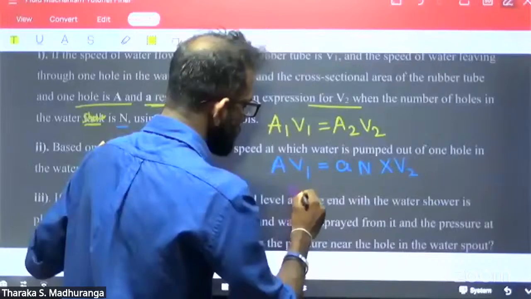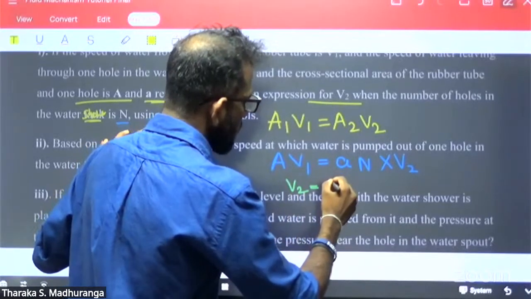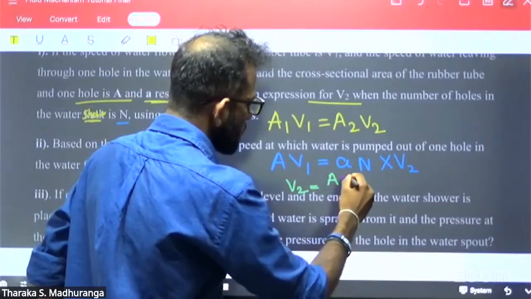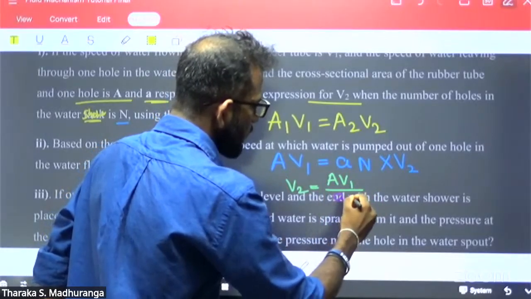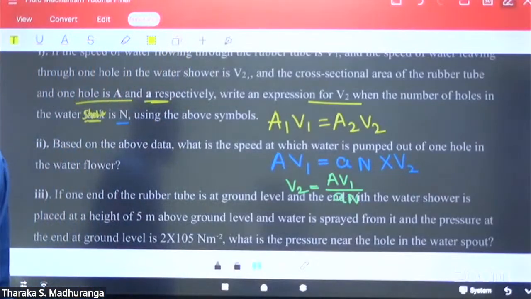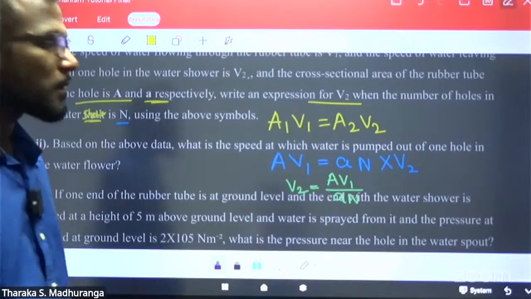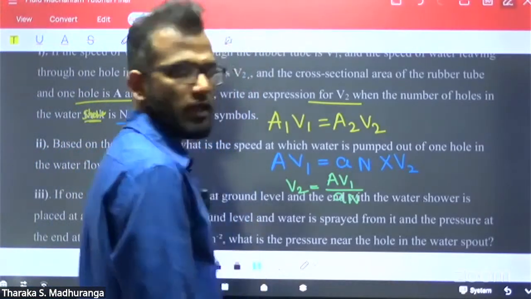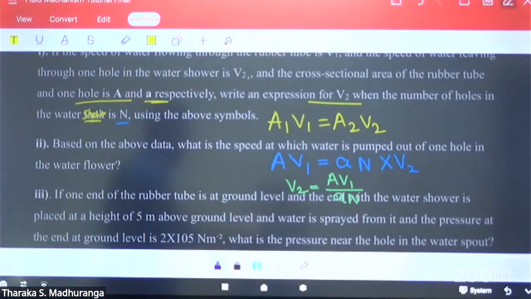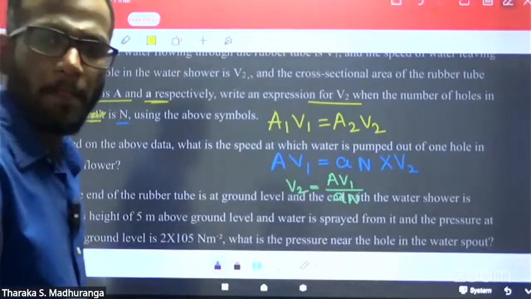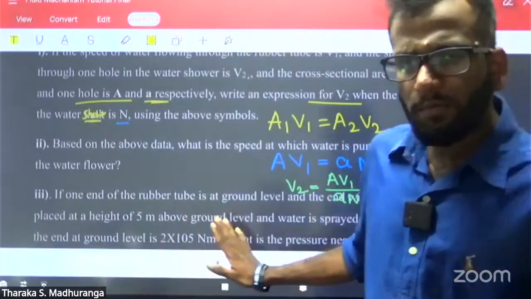Then V2 equals A V1 over A N. What's the answer?